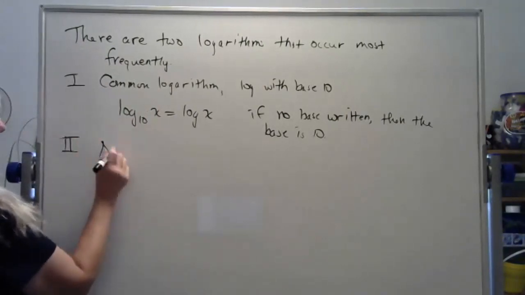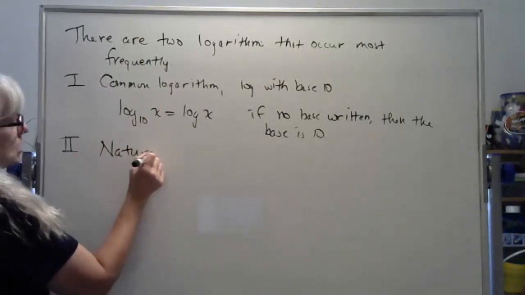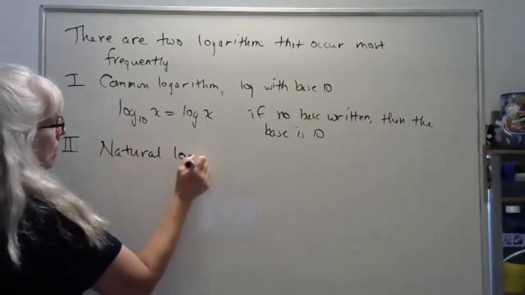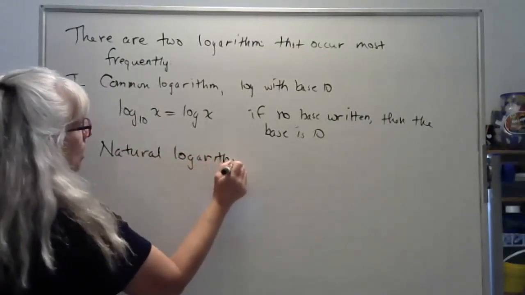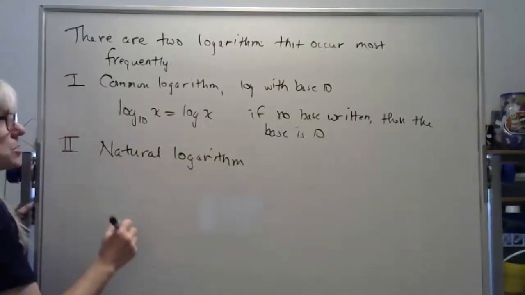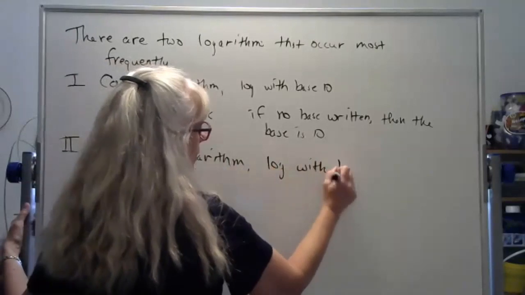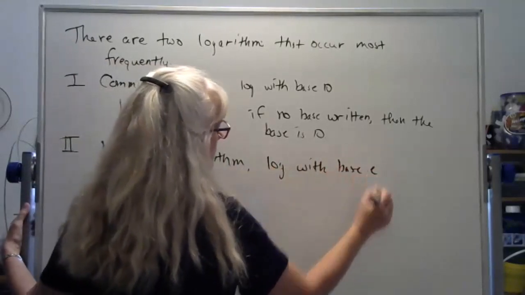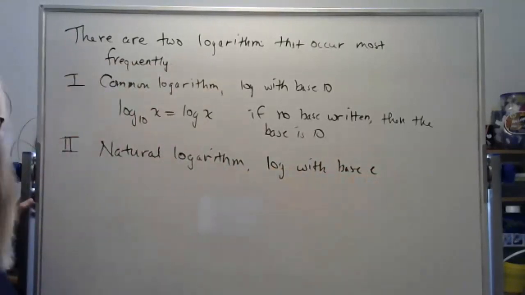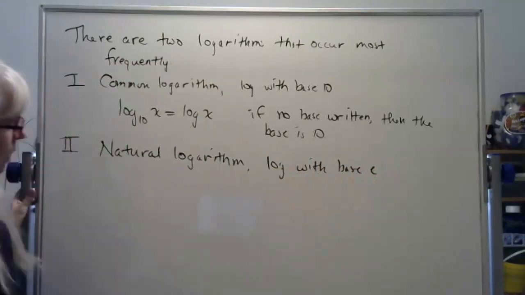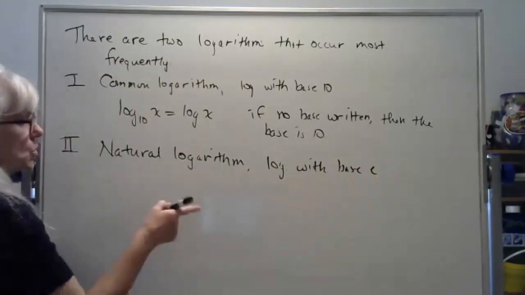The other one's the natural logarithm. This is mainly for the biology people. Also business, but for our class, biology. So the natural logarithm is a log with base e. And we saw e yesterday is 2.7183. Okay, so what does that do for us?